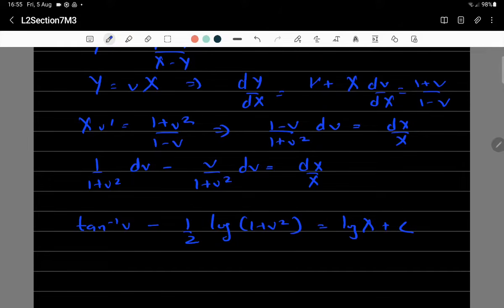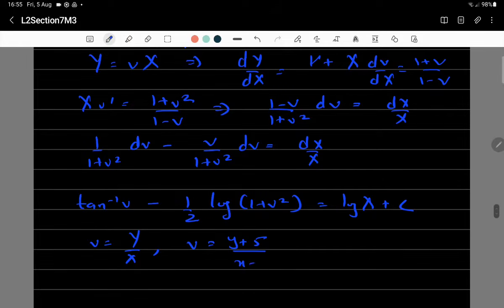Substituting the values of v, which is capital Y by capital X, where capital Y is small y plus 5 and capital X is small x minus 1. So this gives you the required answer.